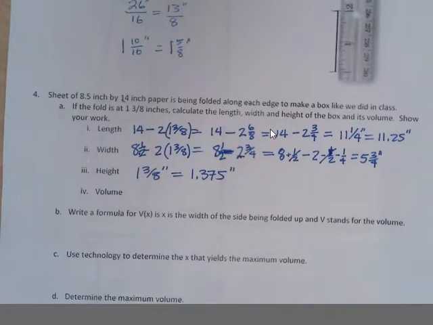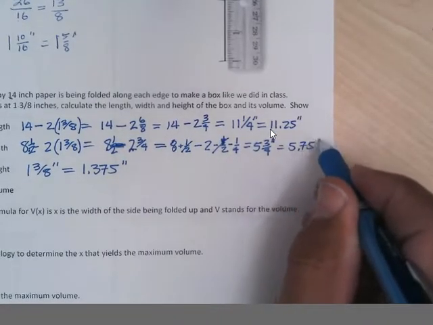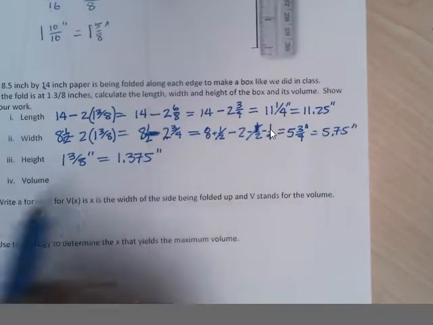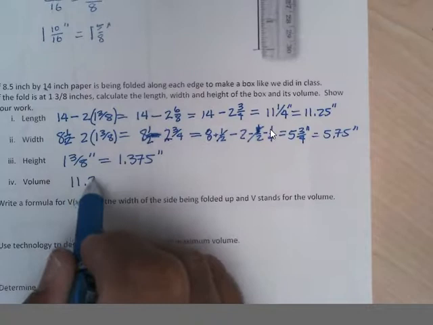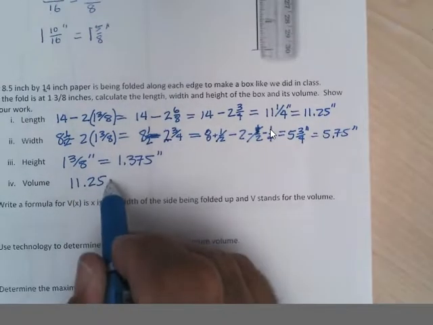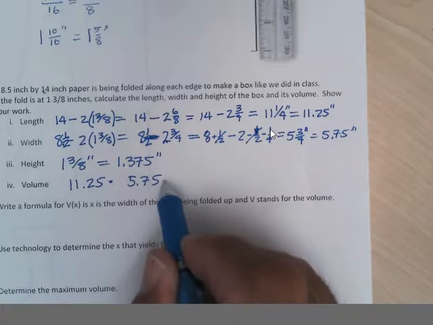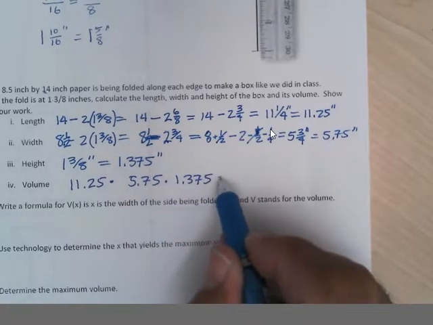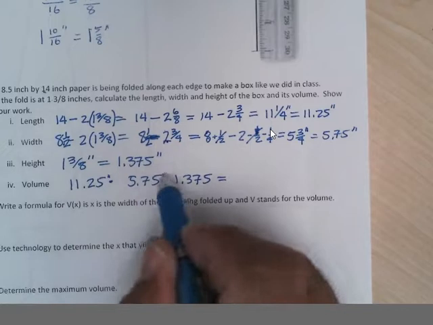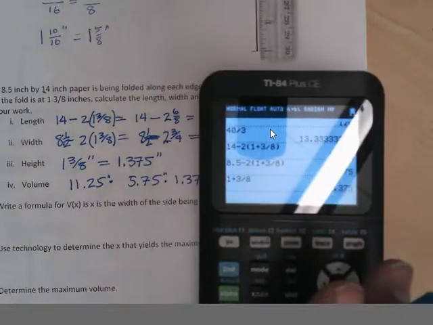The volume is going to be these three. This is 5.75 inches in decimal. It would be these three multiplied: 11.25 times 5.75 times 1.375, and that's going to be inches times inches times inches, so it's going to be cubic inches.